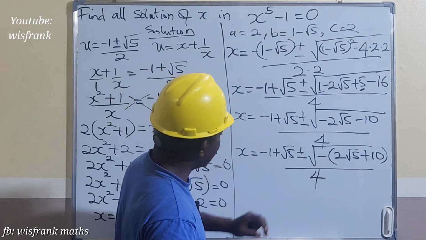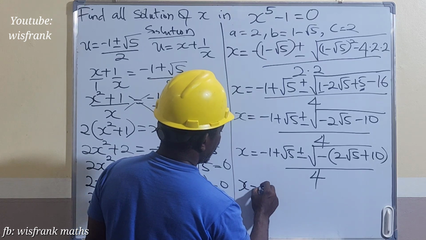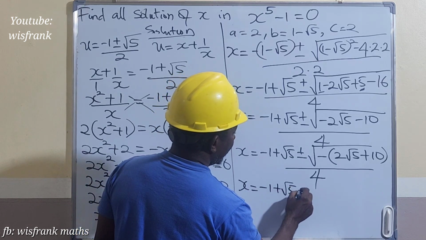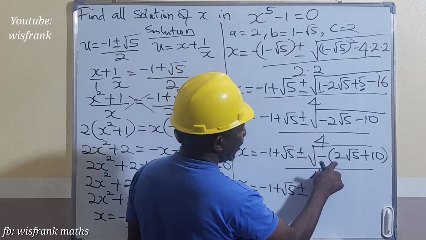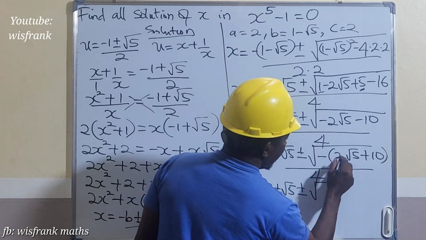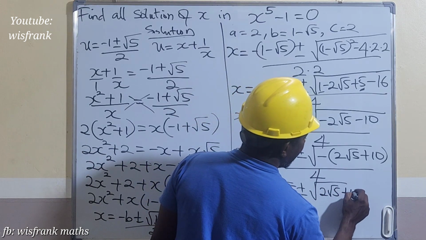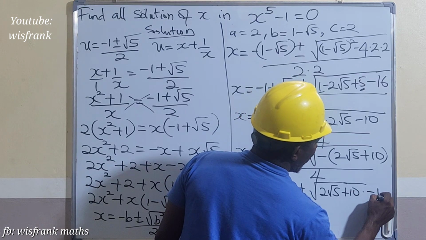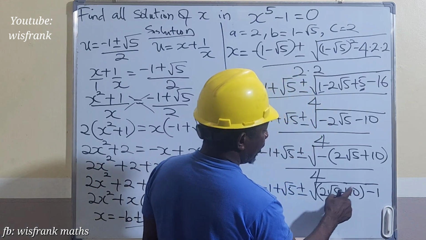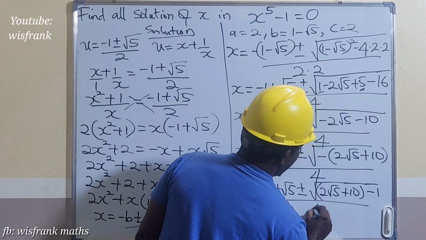So now, this is the same thing as x equals minus 1 plus root 5 plus or minus root of 2 root 5 plus 10 times minus 1, all over 4.